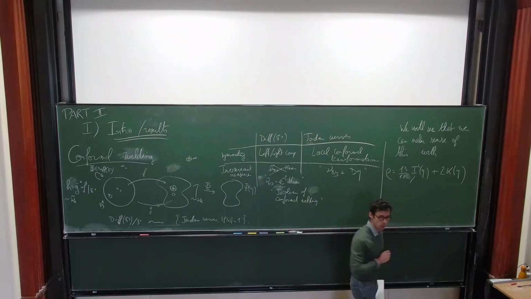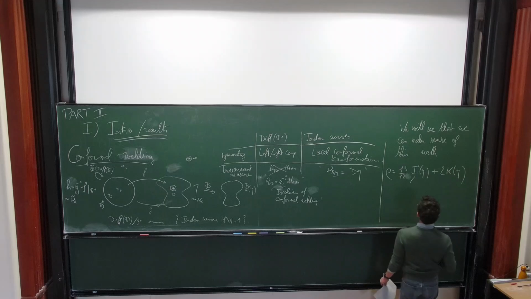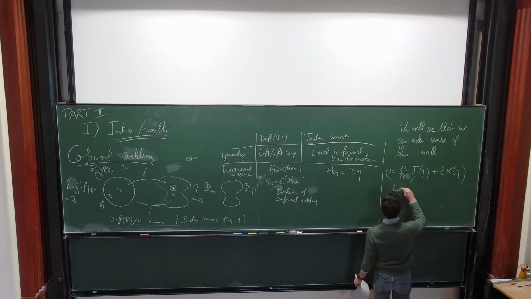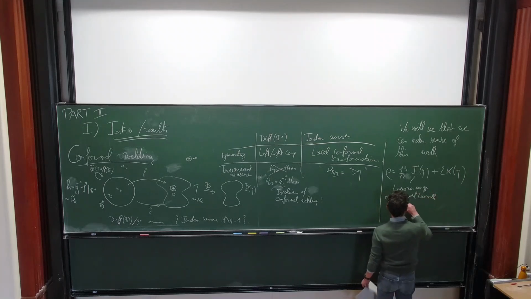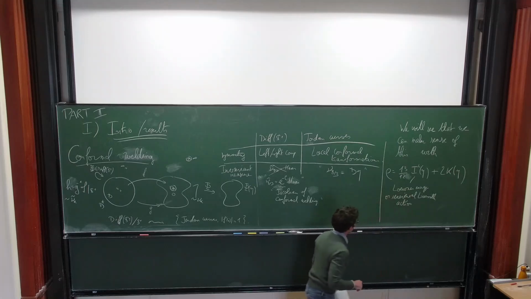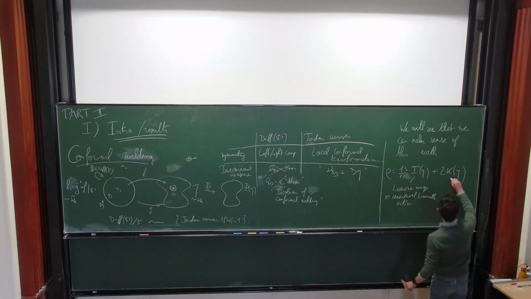These are very big words, but I will explain what they mean. This is the Loewner energy, aka the universal Liouville action. And this is what is called the Weil-Petersson Kirillov potential.